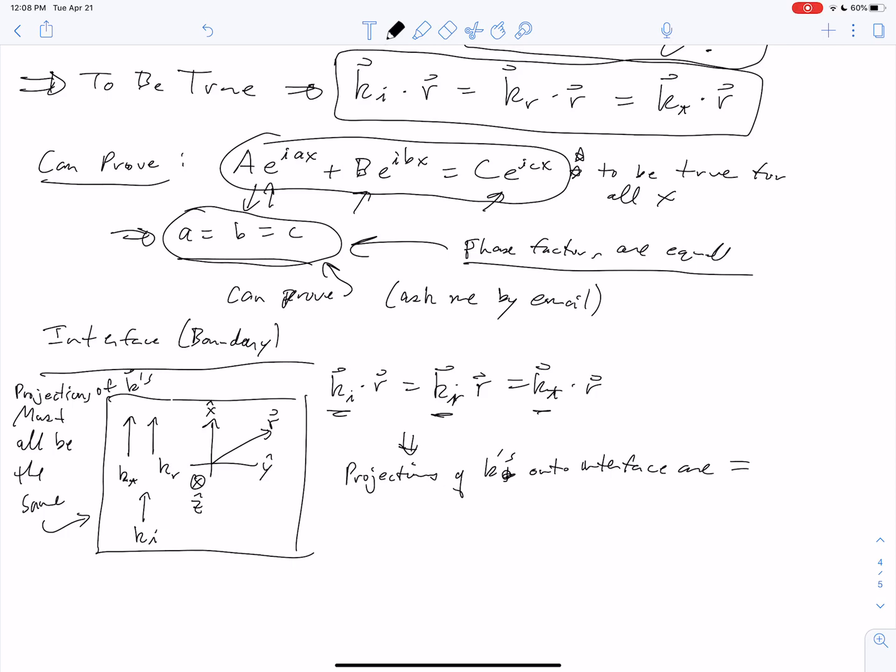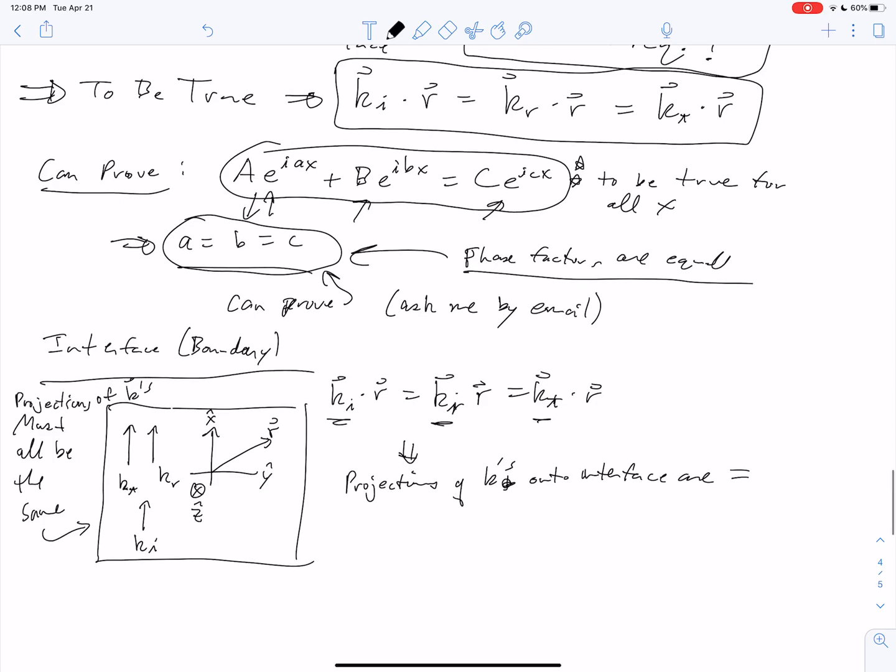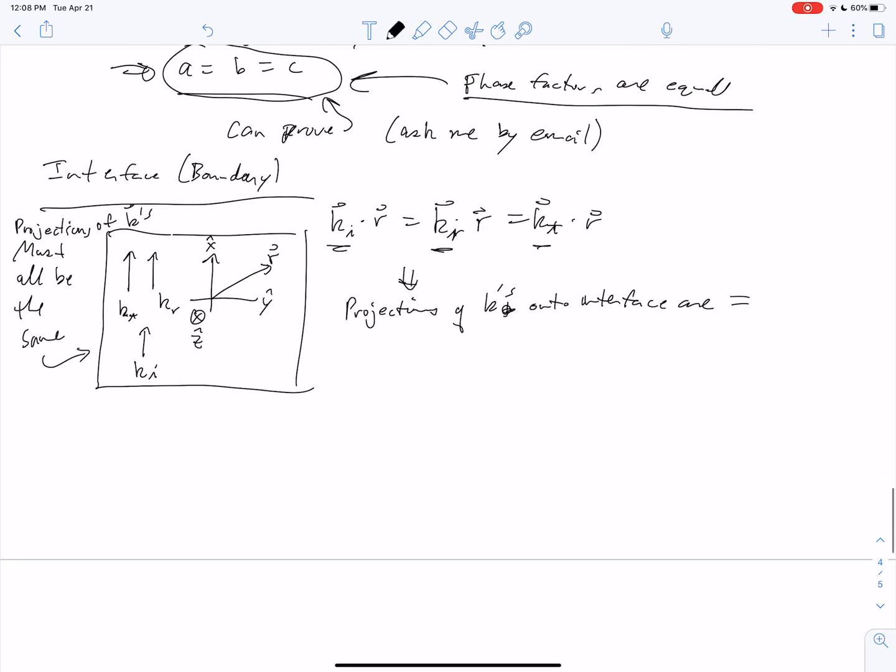Okay, that's very powerful. But for these projections to all be the same, there's another very powerful consequence, which is that the k vectors must all lie in the same plane.